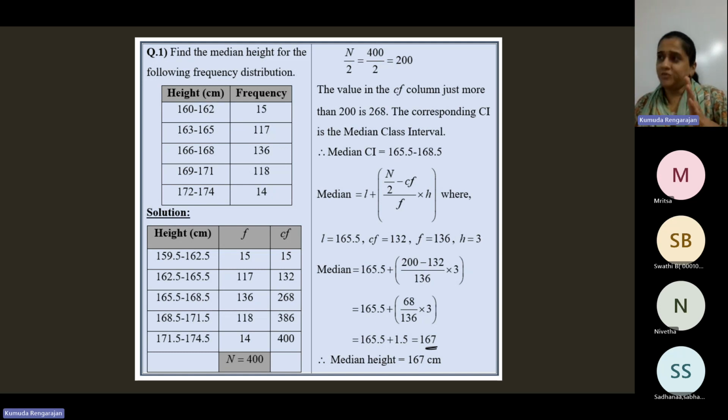That means 50% of the people here are of height less than 167 centimeters, and the remaining 50% of this 400 are of height more than 167 centimeters. So this is the median height, the middlemost value.